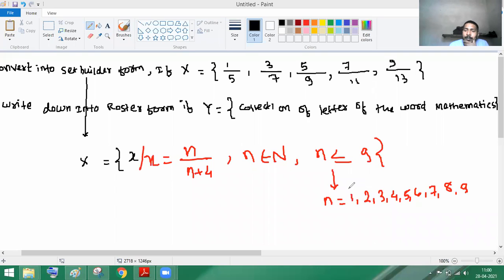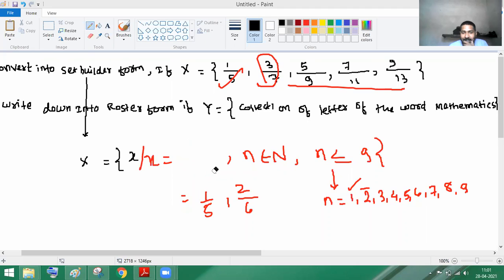If I put n equal to 1, I get 1 upon 5. The first term is right. But if I put n equal to 2, then 2 upon 6. Where is 2 upon 6? Is it in the sequence anywhere? No. That's why this is not the right answer. Got my point?